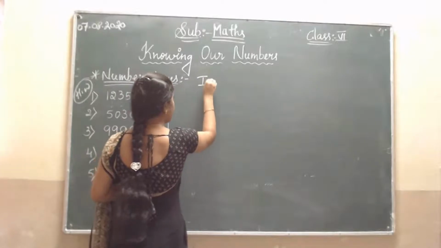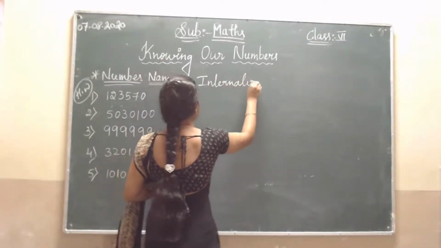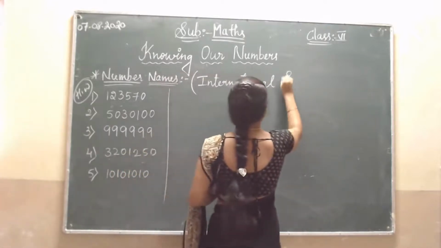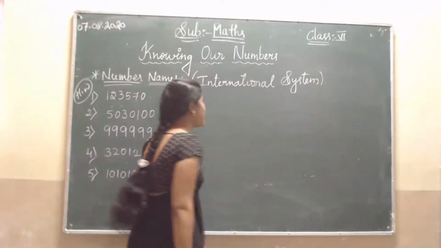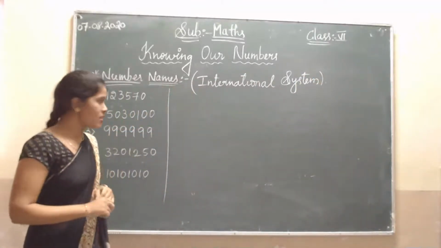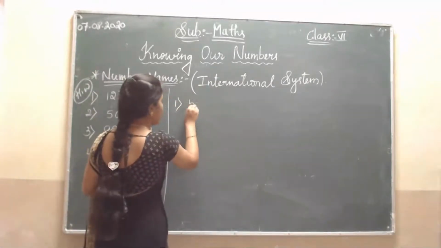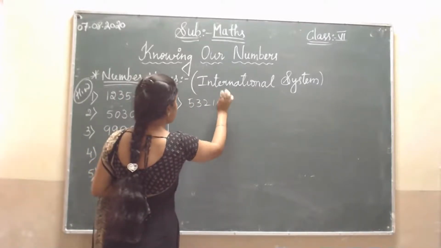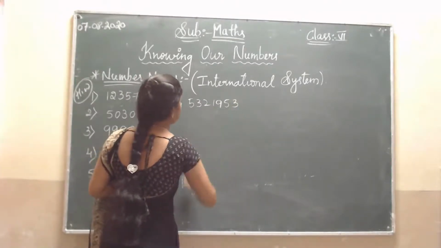Let's see the international system. We will see the number names in the international system. Okay, first one: 5,321,953.